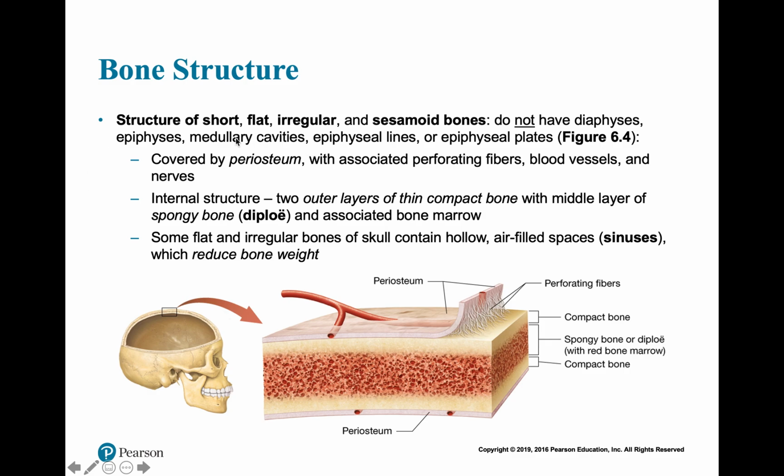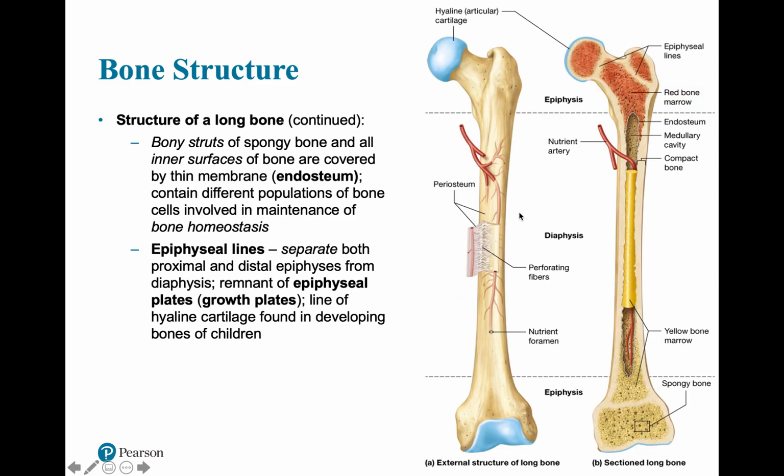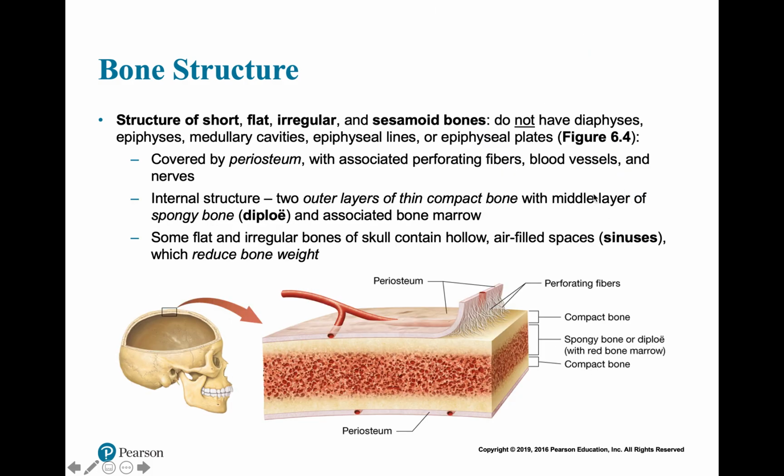Because they don't have a diaphysis, they're not going to contain medullary cavities, because remember, medullary cavities are the carved out cavity within the diaphysis. Because they don't have epiphyses, those enlarged ends, we won't see epiphyseal lines or epiphyseal plates. They have different ways of growing, but they do share some common features.